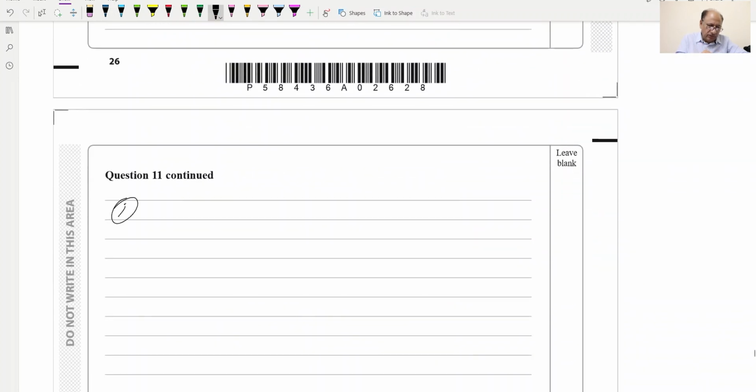This will be f double dash of x is equal to what? This is given, which is equal to 4 over under root x minus 3. This is the given equation which we can utilize, and we can rewrite it as 4x raised to minus 1 by 2 minus 3. Now we can take the integral.